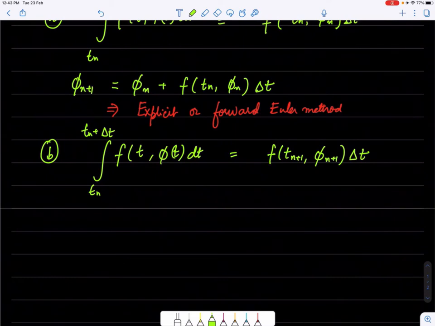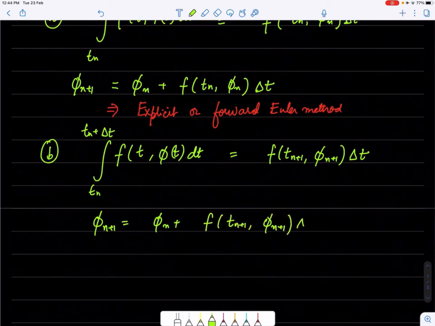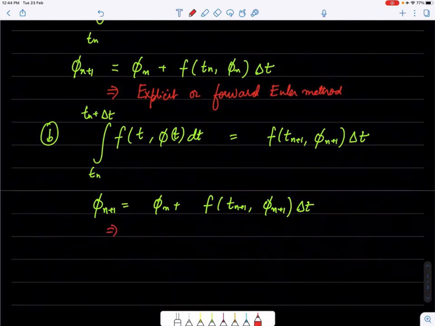This way, phi n plus 1 would be phi n plus f(tn plus 1, phi n plus 1) delta t, and this is what we call the implicit or backward Euler method.